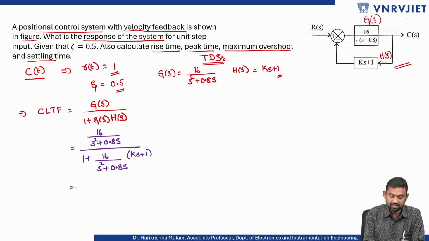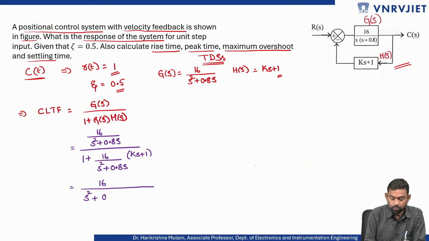If you simplify this, the numerator will be 16 and the denominator will be S square plus 0.8S plus 16KS plus 16. That is equal to 16 by S square plus 0.8S plus 16KS plus 16.